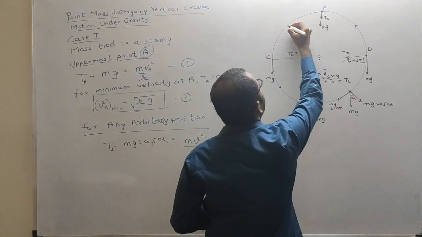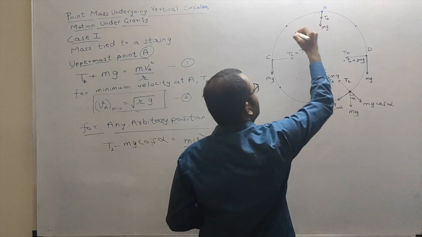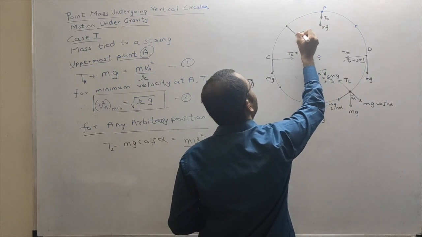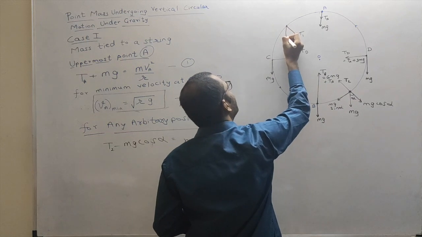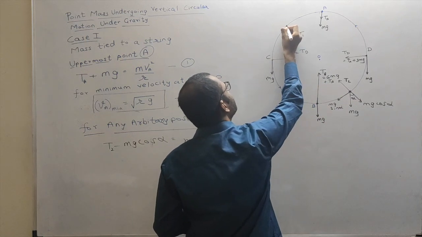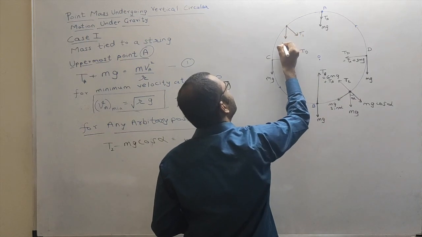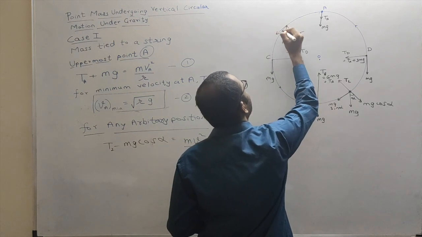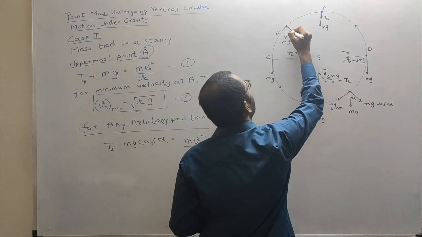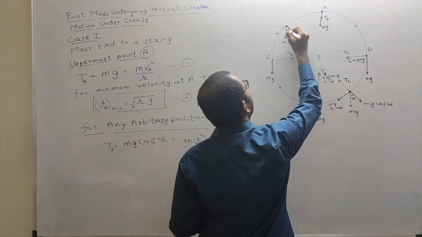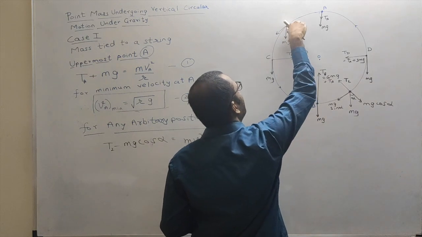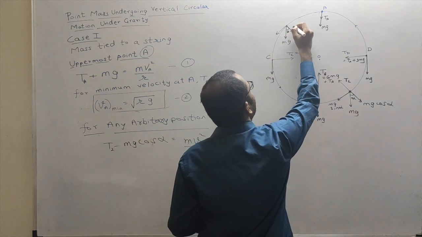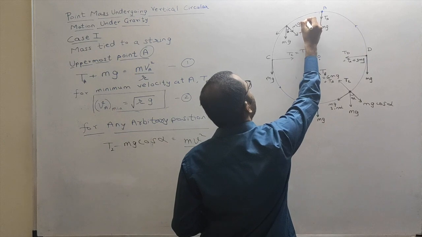And if the particle is over here, now again the tension in the string will be towards the center, T1. mg will still act vertically in the downward direction. Again I will resolve this into two components. Now let us say this is theta. So one component will be along the string towards the center, it will be mg cos theta.